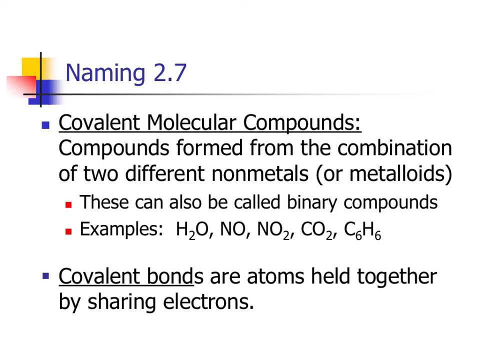But the biggest thing that students need to do is be able to identify your nonmetals. So if you're looking at a compound and it starts with a nonmetal, that should be the trigger in your brain that says, ooh, covalent compound. Or binary compound, whatever you want to call it.